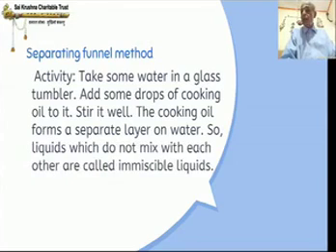So liquids which do not mix with each other are called immiscible liquids. So here, from our observation, cooking oil and water are immiscible liquids. Why? Because they do not mix well.